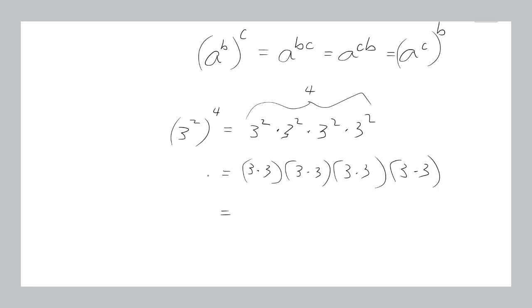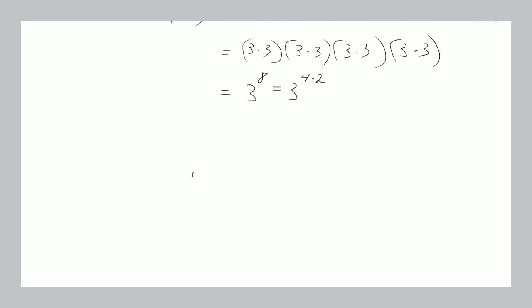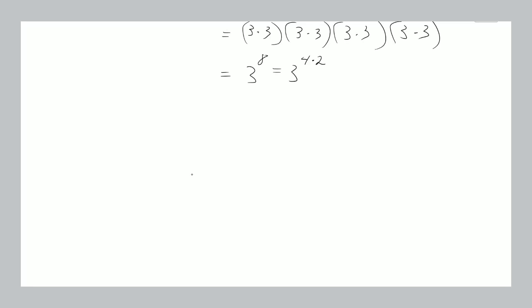Well, you have 8 of them, right? Because you have 4 groups of 2. That's 3 to the power of 8, right? Because it's 3 to the power of 4 groups of 2. That's just an example of that rule. Okay, you have something to an exponent, and all of that is raised to another exponent. Just multiply the exponents. And that brings us to our last rule, which can be presented in different ways.